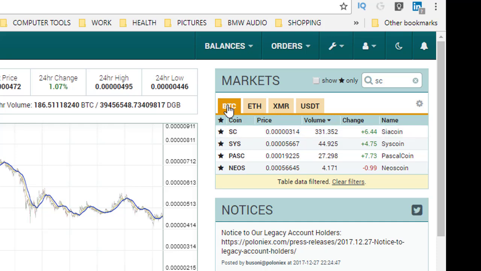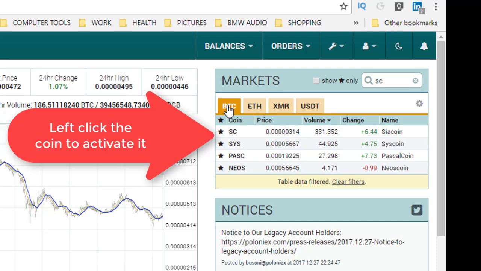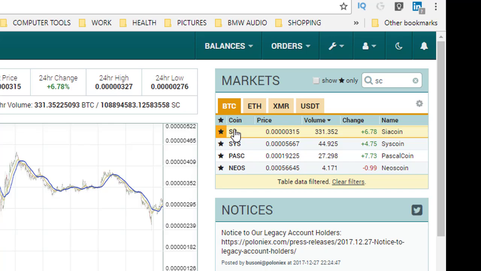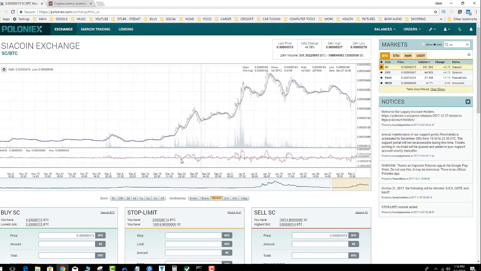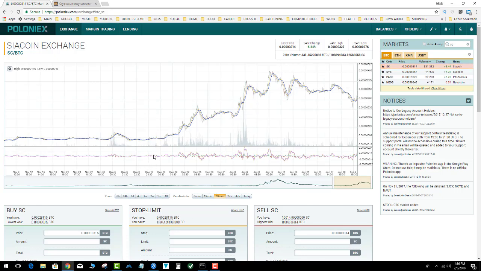So that leads us to, how do I buy a specific coin? After you've found the market that you want to trade the coin in, you click on the coin. By clicking on this coin in the right hand corner, you've activated all of the SIA boxes. So you've got your SIA chart up here.